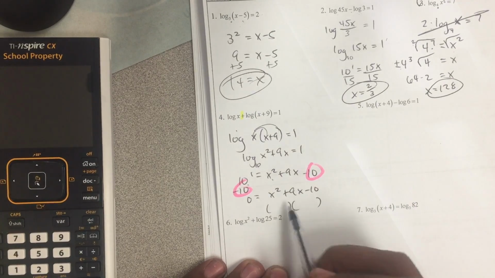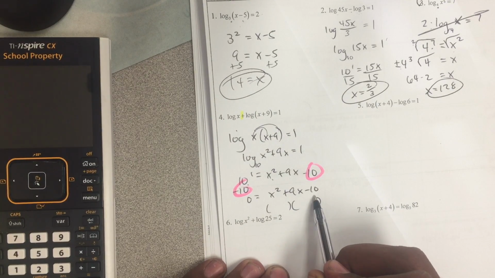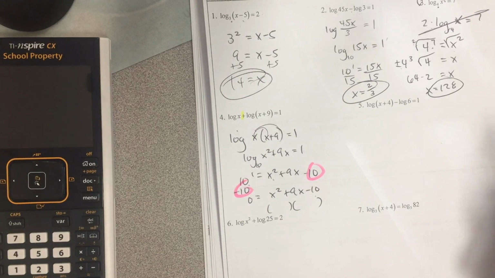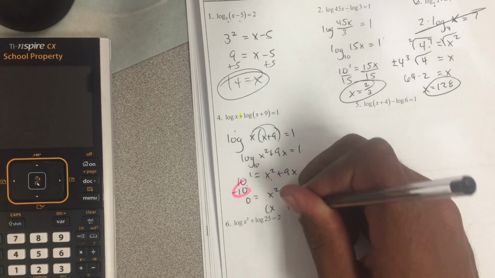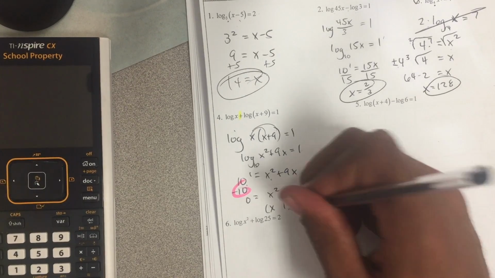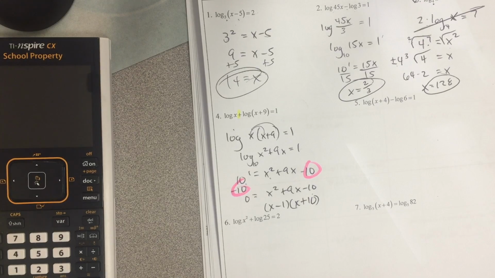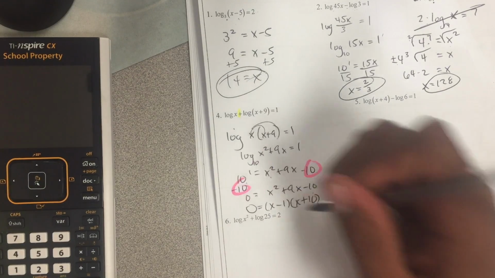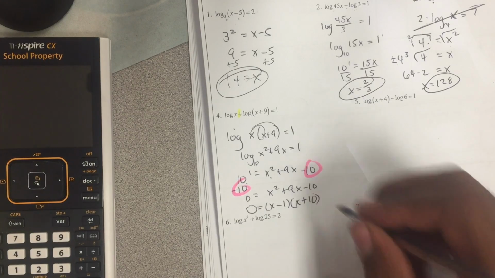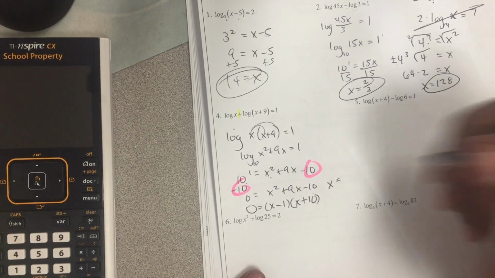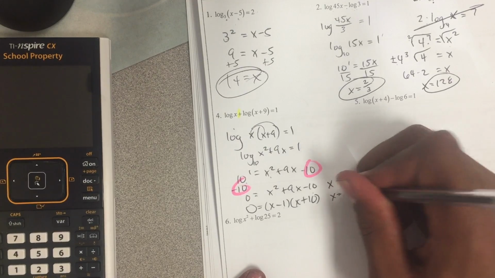So I say, okay, well, it's got to be x, I'll have a 10, a 1, plus 10 and minus 1. Because 10 minus 1 gives me 9, negative 10 times 1 gives me that. So then our answer will be 1 and negative 10.